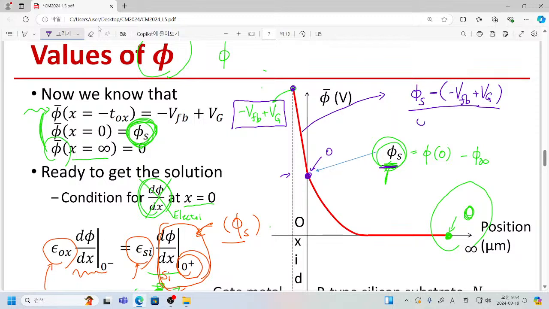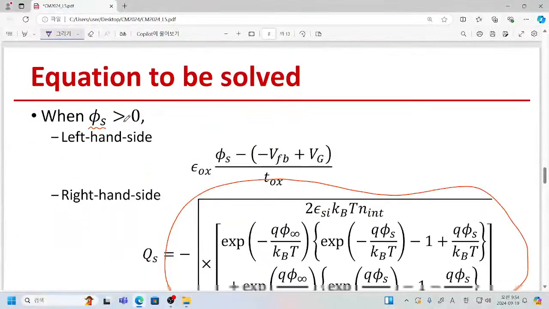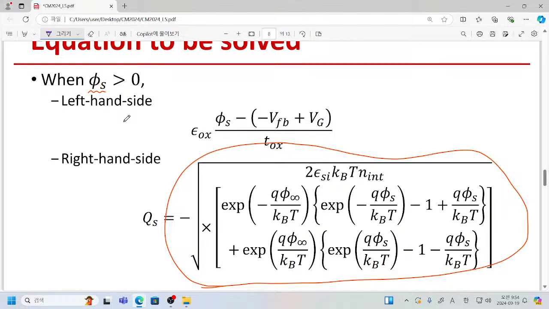So 0 minus T ox. Simply speaking, this calculation will yield T ox in the lower part and phi s plus flat band voltage minus gate voltage. It's not that difficult to understand this simple calculation. So you will have this expression.